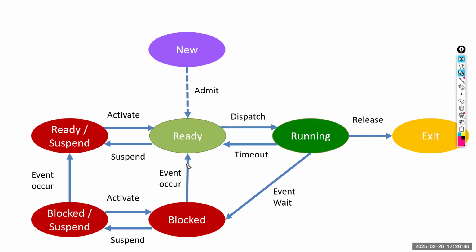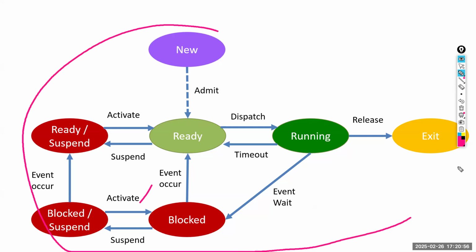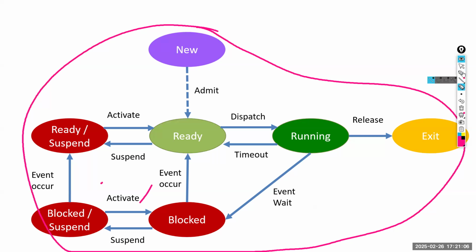So there are multiple scheduler processes that keep track of different aspects of this diagram, because one process cannot keep track of all these things for multiple processes. Therefore, there are different process schedulers that take care of different types of transitions.